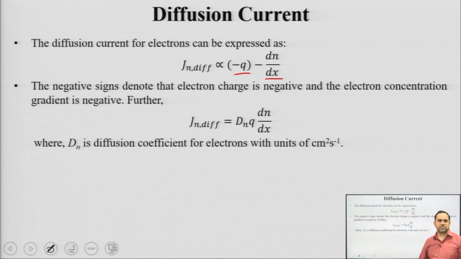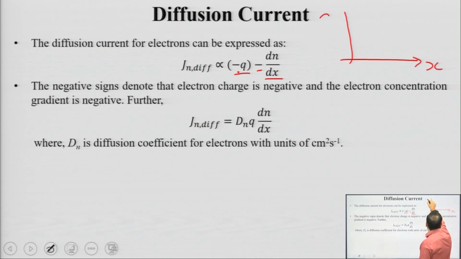Now, you see that there are two negative signs here. This negative sign is because the electron charge is negative. Okay. So, electrons have negative charge, there is one minus sign here. The second negative sign is because I have said that the concentration gradient is always negative. So, if you plot electron concentration with respect to distance, you have high and then lower concentration.